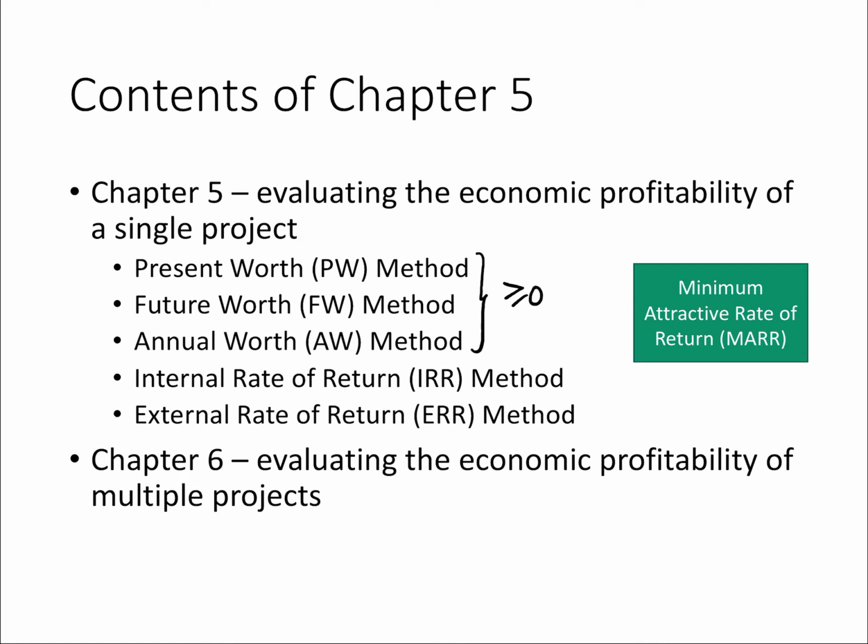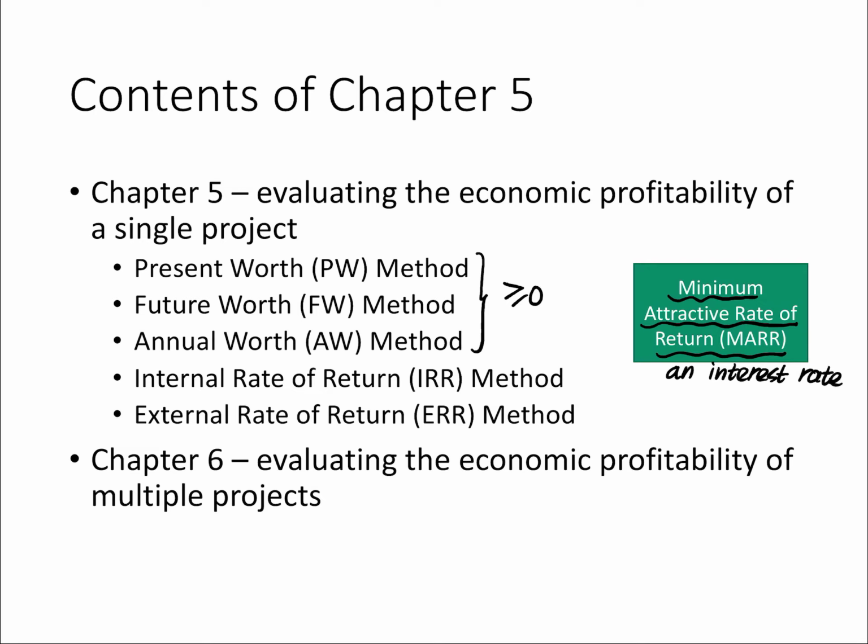Okay, but the tricky part is if you want to do the conversion, you will involve an interest rate. And in this single project evaluation, the interest rate is going to be something called the minimum attractive rate of return. So MARR, that's going to be your interest rate for the timeline.